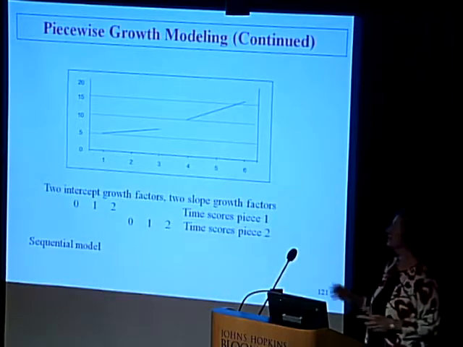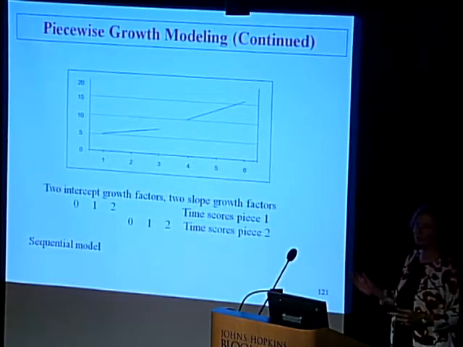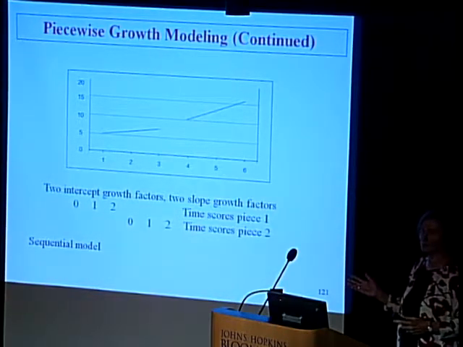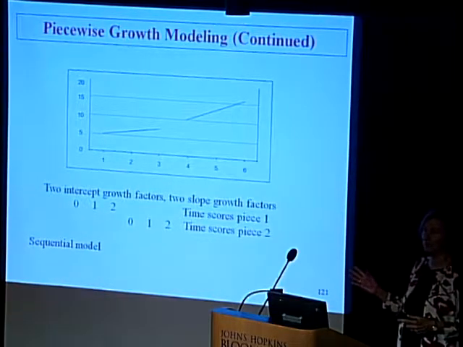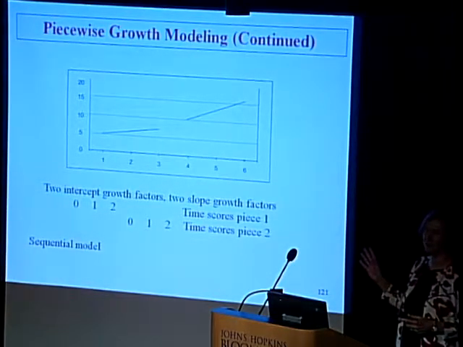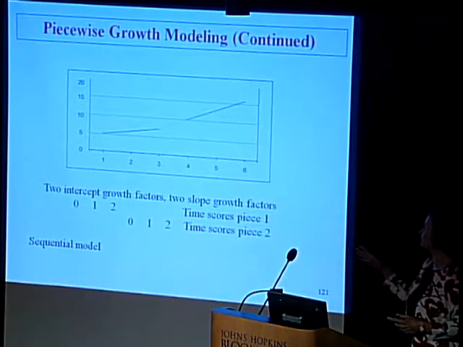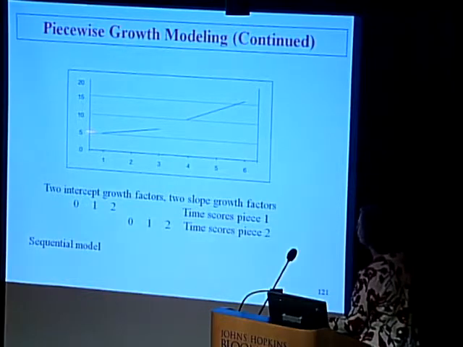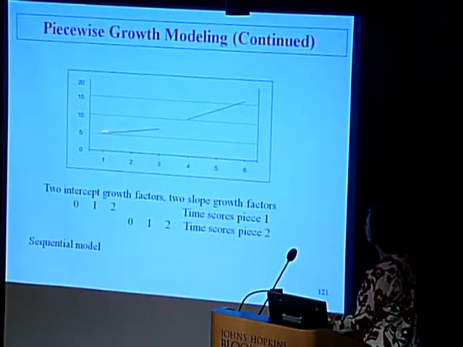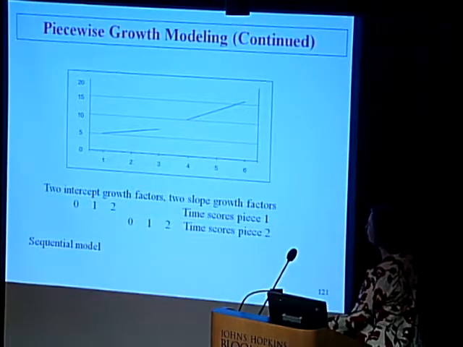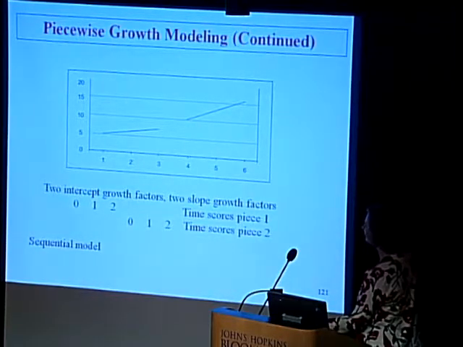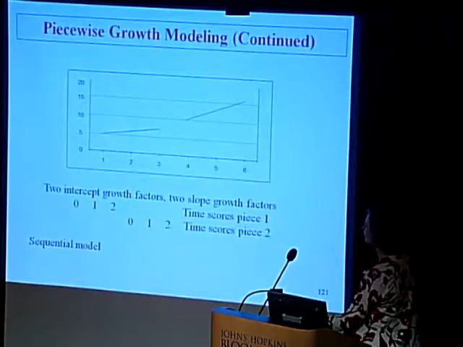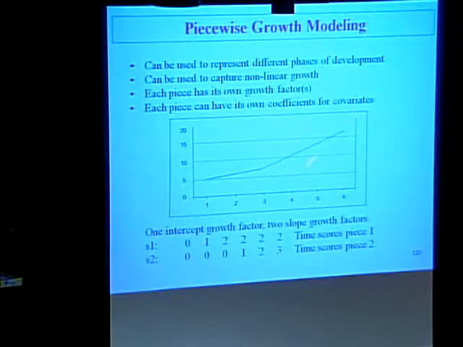Now, you can also use a model like this, which I consider more of a sequential process model, but it is in two pieces. And the reason I consider it more sequential than a piecewise is that you have two intercept growth factors. So you have an intercept growth factor here and a slope, and then this part of the model has a different intercept growth factor, whereas in this model on the left, we had the same intercept growth factor and two different slope growth factors.